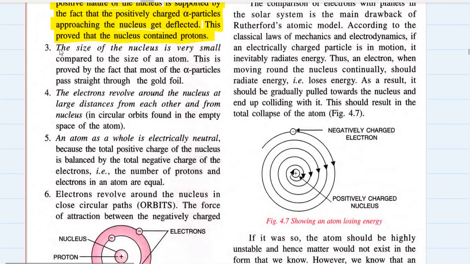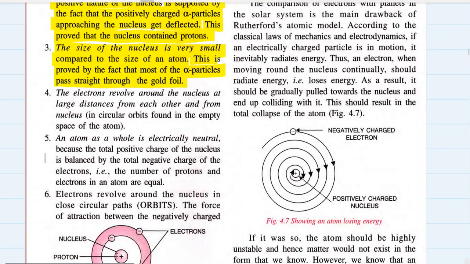The size of the nucleus is very small compared to the size of the atom. This is proved by the fact that most of the alpha particles pass straight through the gold foil. Only a couple handful of particles out of thousands get deflected back in the direction from which they came, and very few get deflected through large angles. That means the nucleus has to be very, very small.